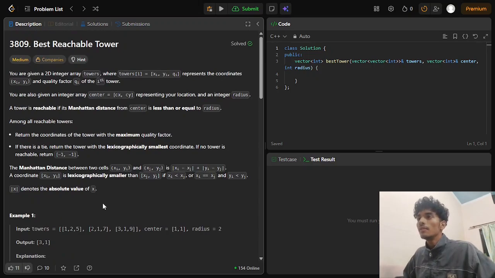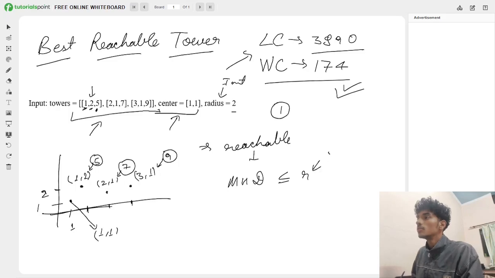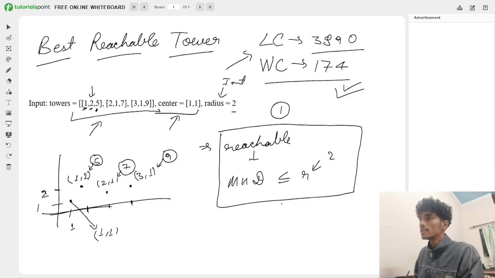As you can see, a tower is reachable if its Manhattan distance from the center is less than or equal to the radius. So a coordinate is reachable only if its Manhattan distance is smaller than or equal to r. In this case r is 2. We need to find such reachable coordinates whose quality is maximum, and we just need to return one index whose quality is maximum. That is what the problem is essentially asking.